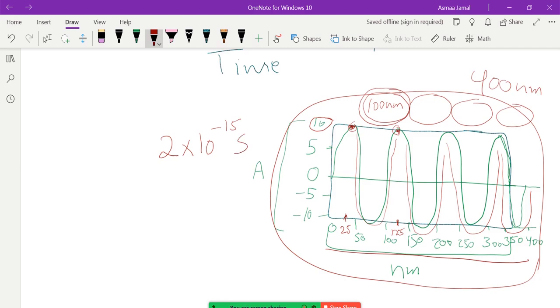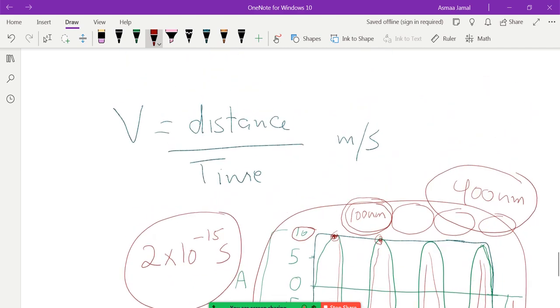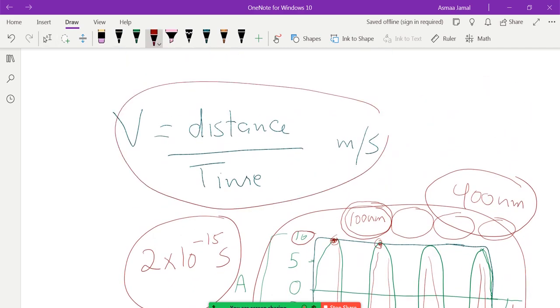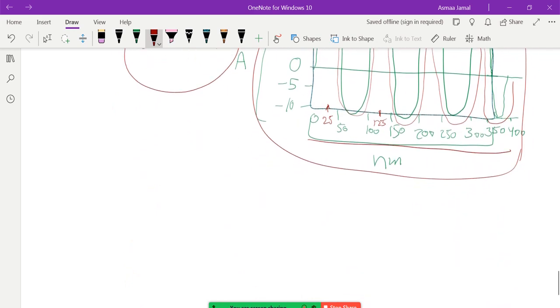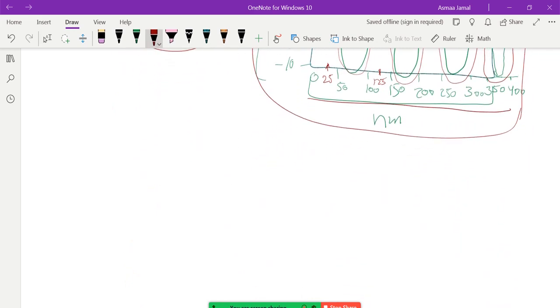Can we find the velocity from those components? Well, we have the distance 400 nanometer and we have the time. We can use this equation to resolve the problem. So velocity equals distance, which we have here, 400 nanometer, over the time, 2 multiplied by 10 to the power of minus 15 second.